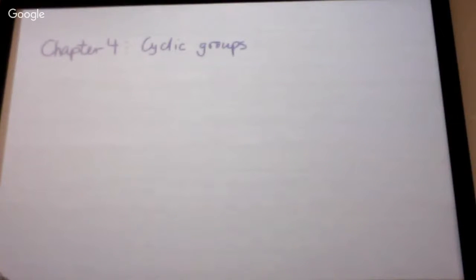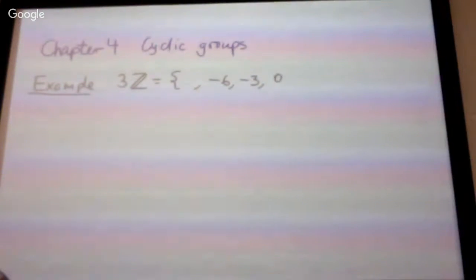Okay, so the book says you should look at the example 3Z, which is the set of all the integer multiples of 3, so say 0, 3, 6, and so on, with addition.